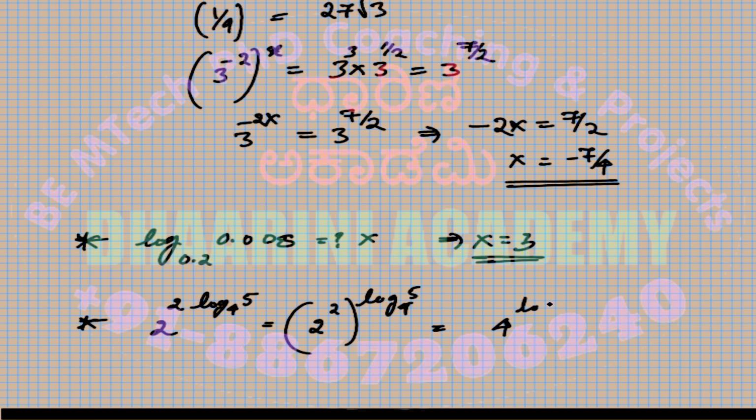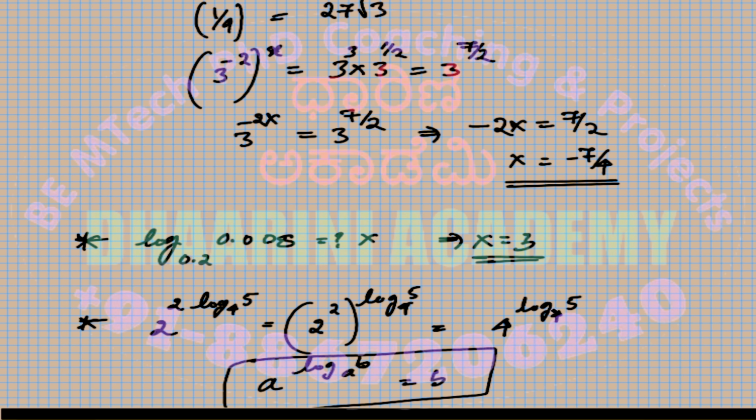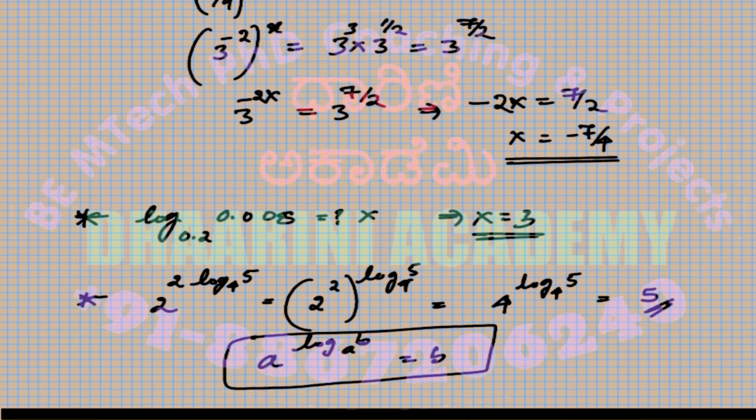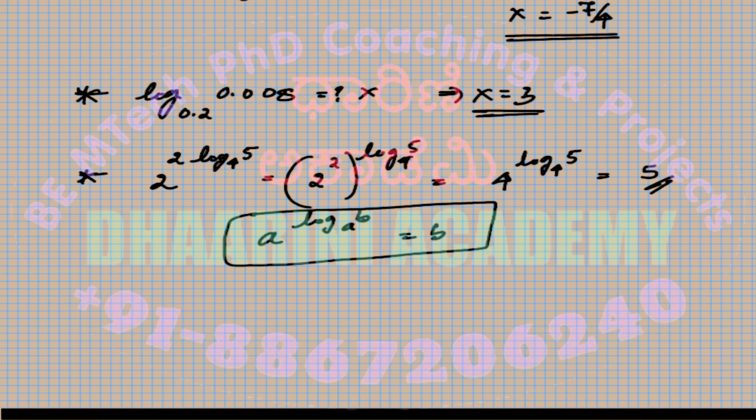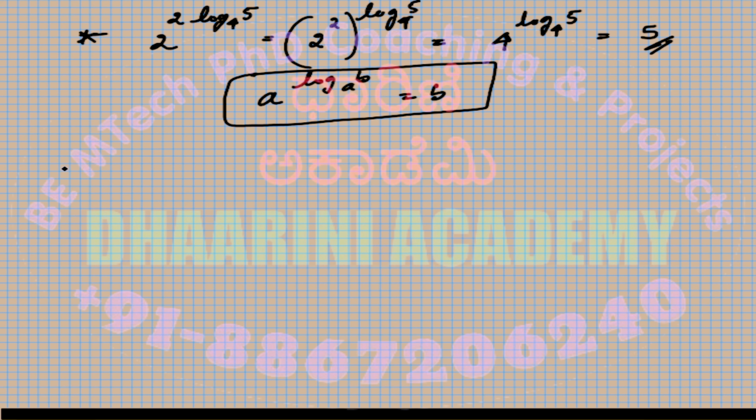So 4 to the power log of 5 to the base 4. There is a property: a to the power log of b to the base a is equal to b. Right, we use this property. So a is 4 here, and 4 to the power log to the base 4 of 5 is nothing but 5. Okay, right. Then next question.